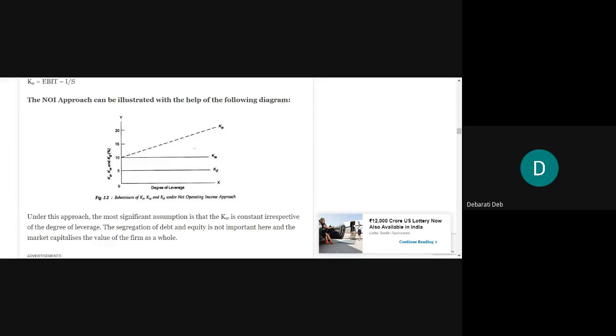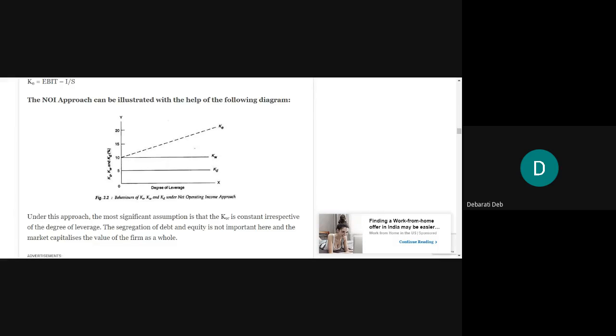According to the degree of leverage, this overall capitalization rate is not going to change. So the debt and equity segregation is not important here, and the value of the firm is calculated as a whole. How is it calculated? We divide the EBIT by the KW, that is the overall capitalization rate. That is how we calculate the total value of the firm.